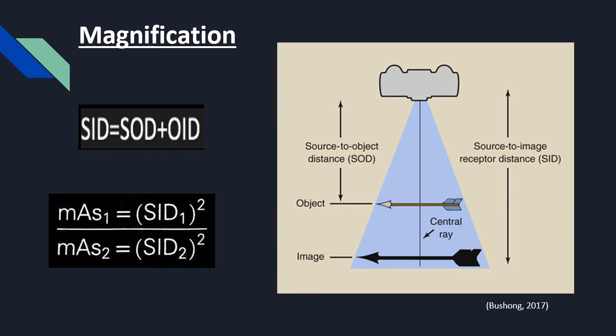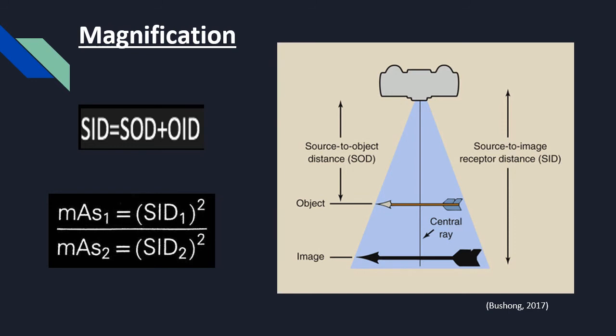This distance causes magnification of the body part that is being imaged. To avoid this magnification, the SID needs to be adjusted so that it is further away. By doing so, the magnification is decreased and the body part is closer to the original size.